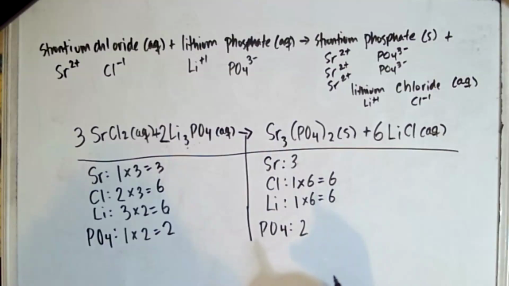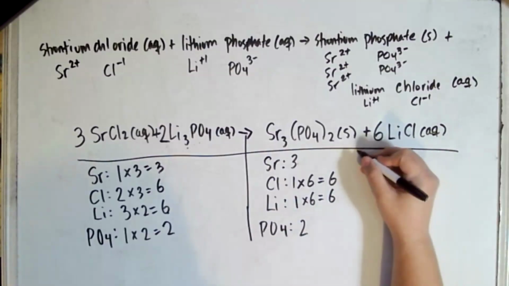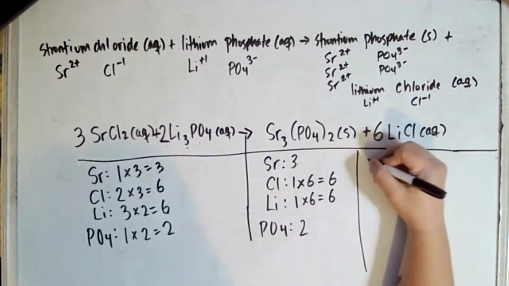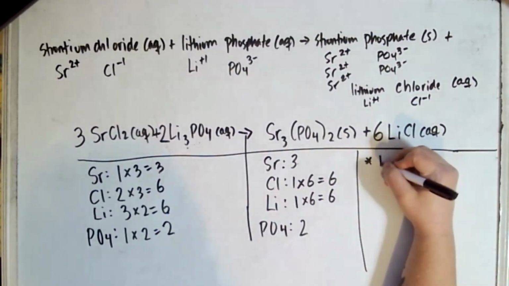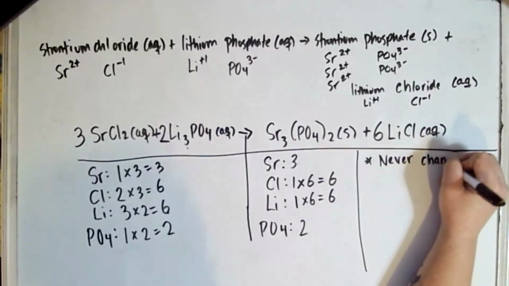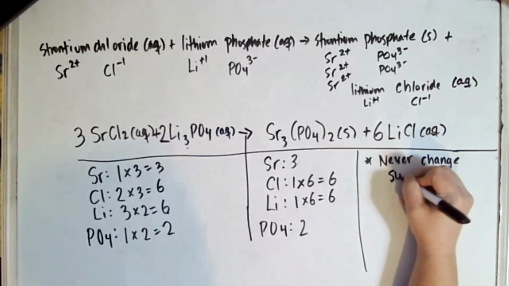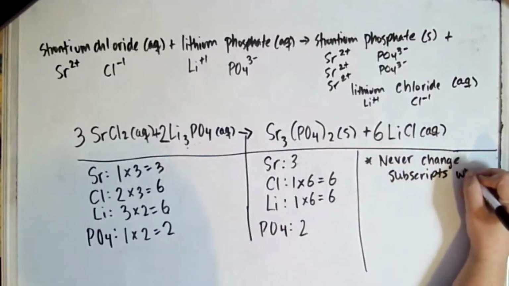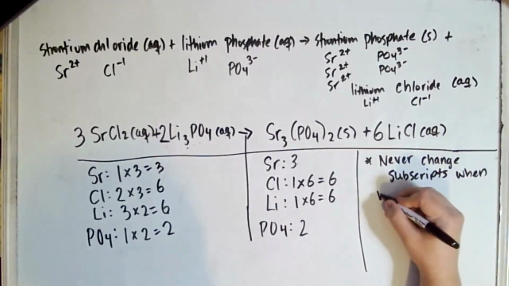What you're going to notice when you're balancing reactions, and you can write this down if you're still not sure, is that we never change subscripts when we balance reactions.